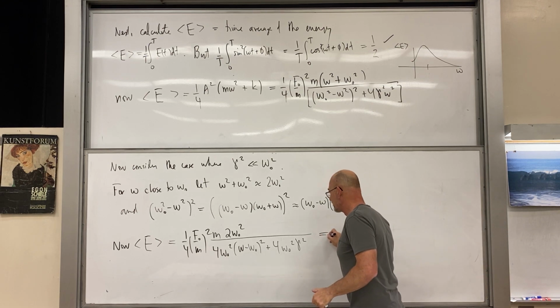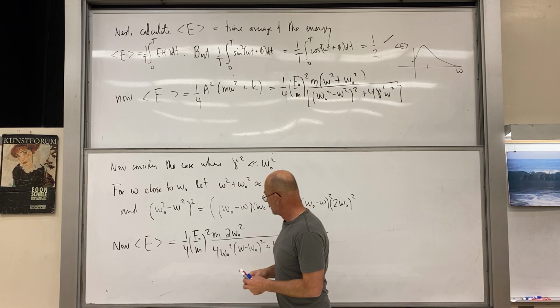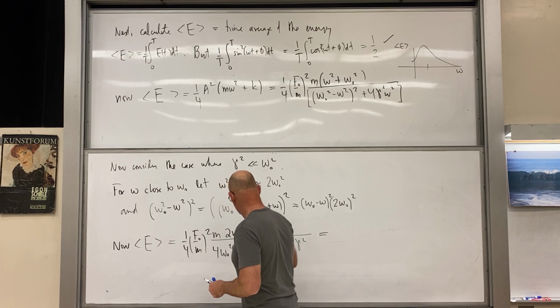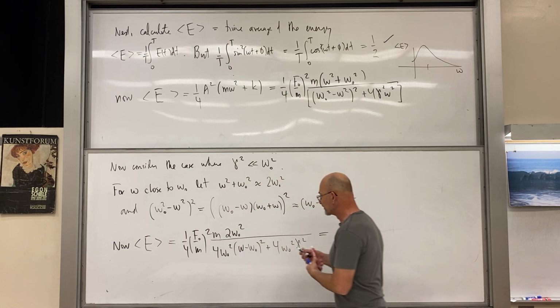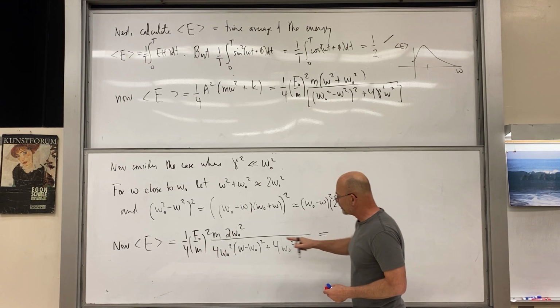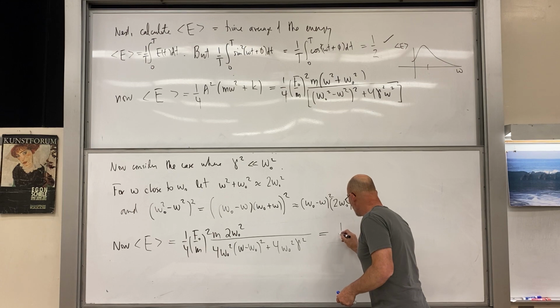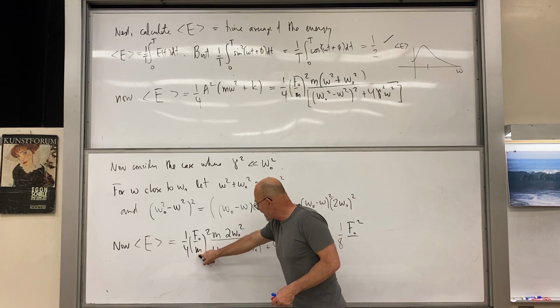And now we have a lot of things that are going to cancel. See what we have here. The m's are going to go away against that one. We're going to have 2 omega naught squared and these 4 omega naught squareds. Okay, that's good. So we're going to end up with another half. So we're going to have 1/8. We're going to have f naught squared over 1 power of m.